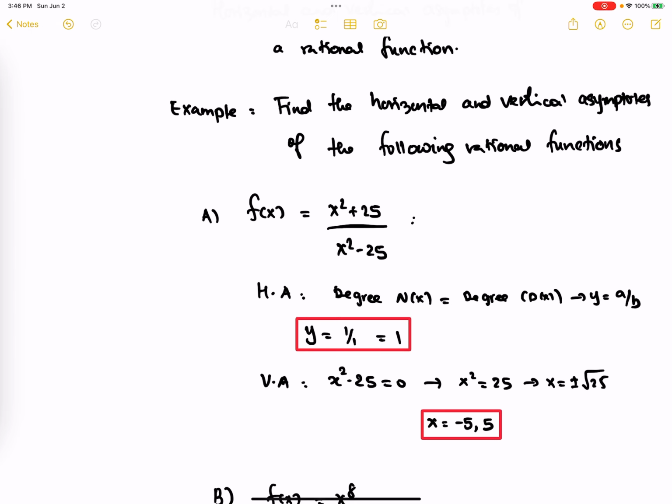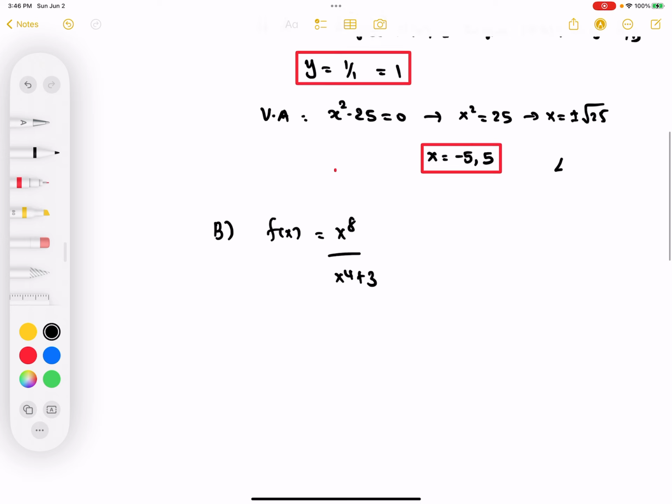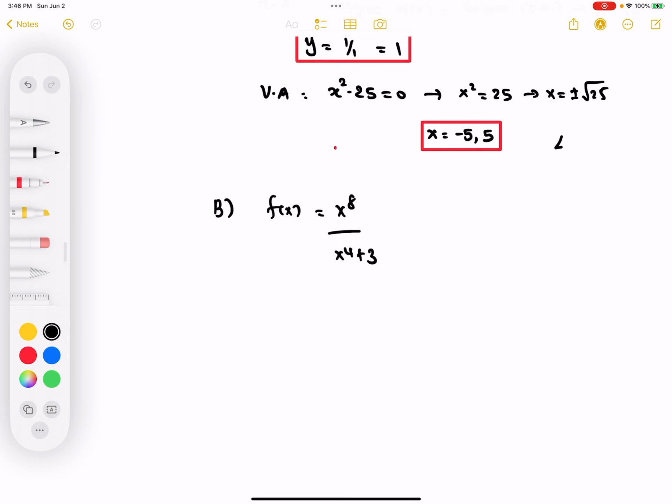Now, let's go to the next problem. Next problem is this one. Now, look at this one. Horizontal asymptote.